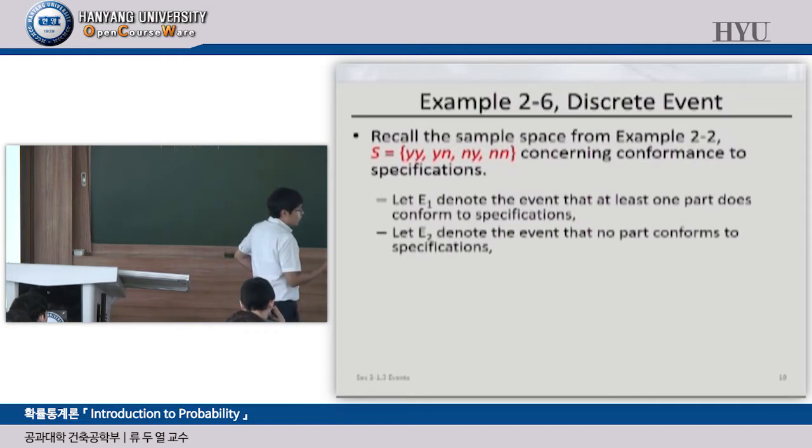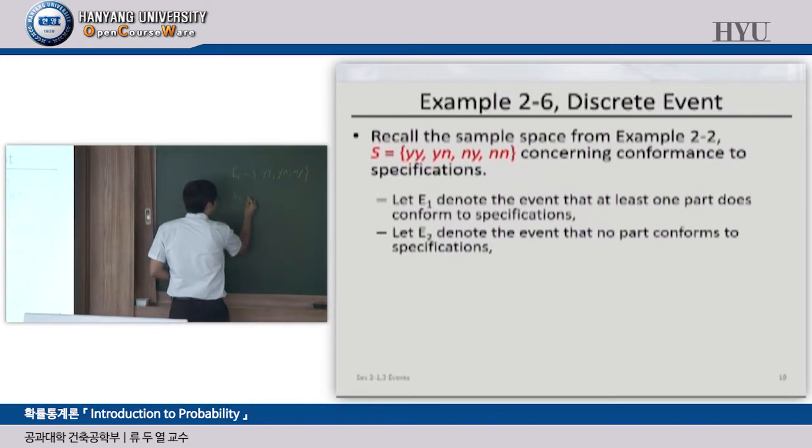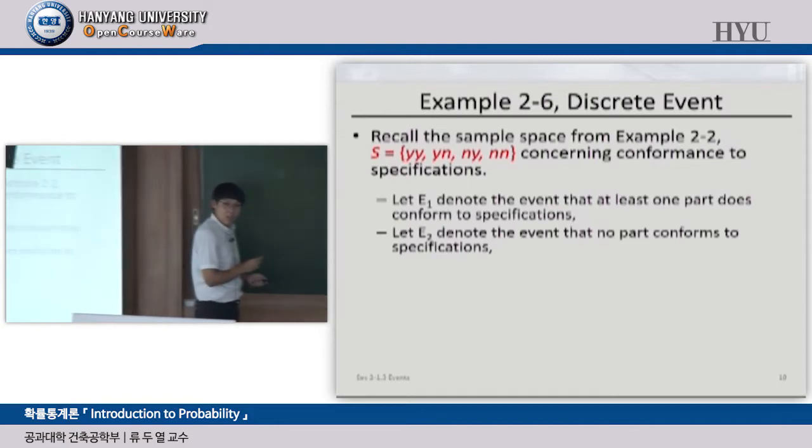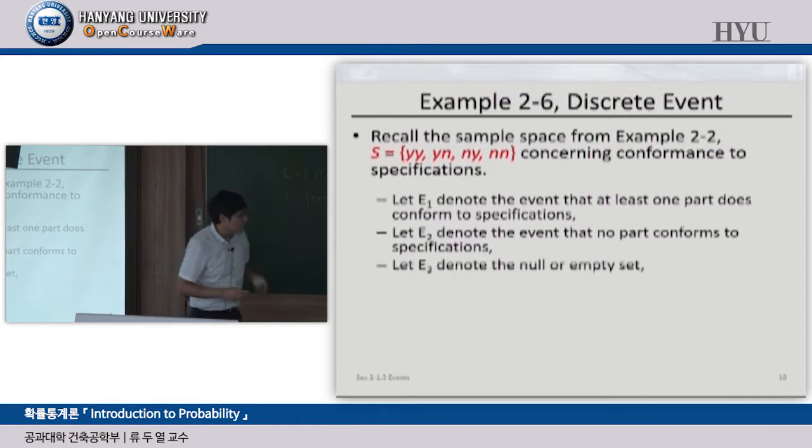And let E2 denote the event that no part conforms to specification. So the event of E2 will be NN, right? And E3 denote the null or empty set. So the event of E3 will be null, okay?